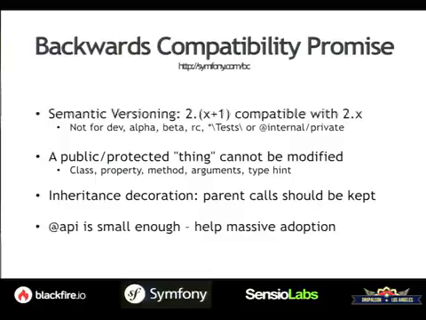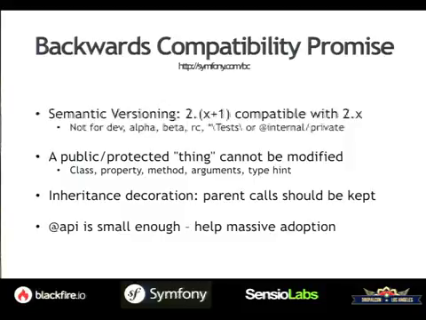Semantic versioning means that any 2.x+1 versions are compatible with the previous ones, 2.x. It's not the case for development versions, alpha versions, beta versions, release candidates, or anything under the test directories. For all the tests, of course, we don't need to maintain backward compatibility. That's also not the case for any class or method tagged with @internal.